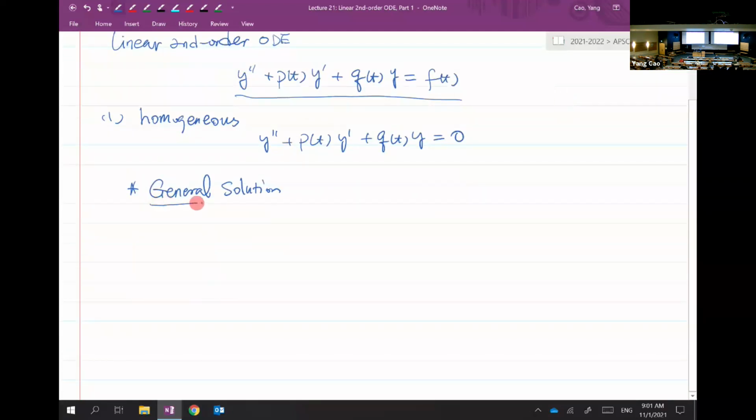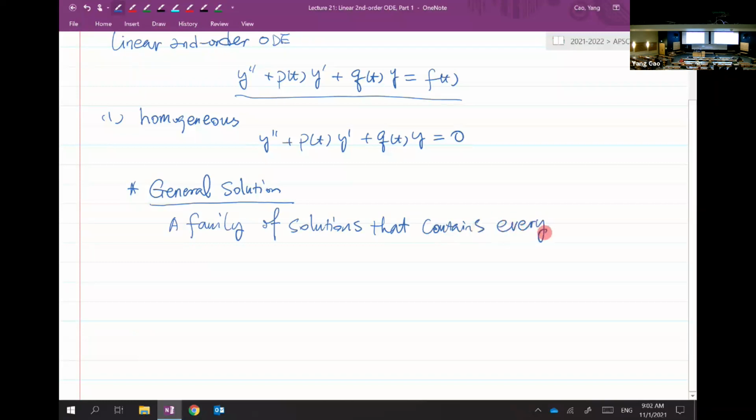The general concept is that a solution means we want to get a general solution. I touched upon the general solution. A formal wording of a general solution would be: it's a family of solutions that contains every possible solution of this differential equation, of the ODE.